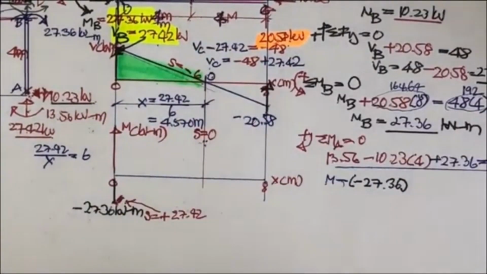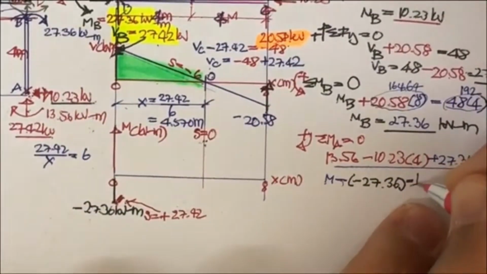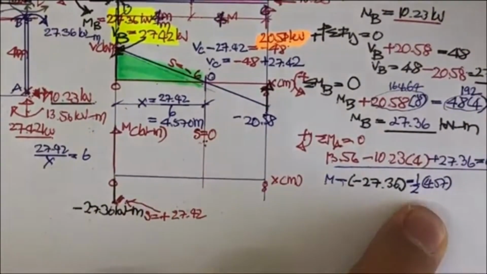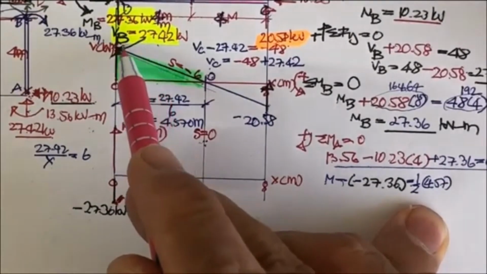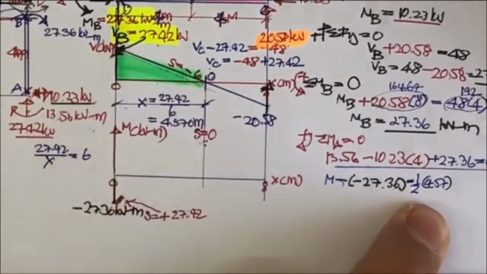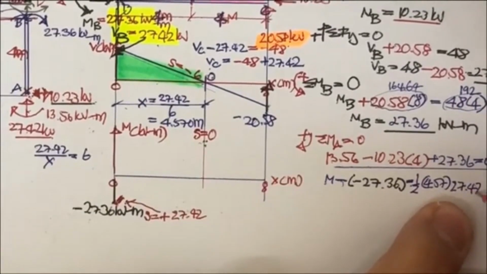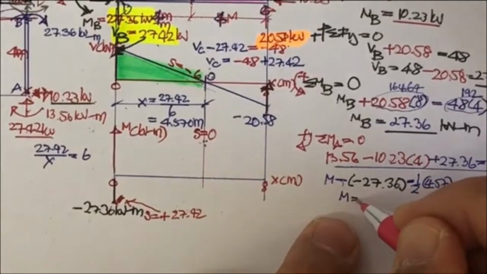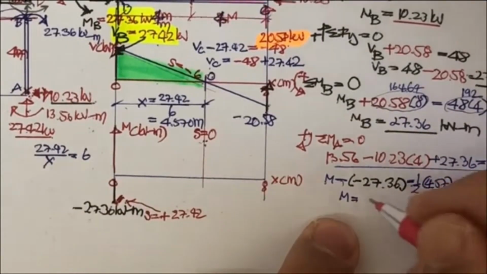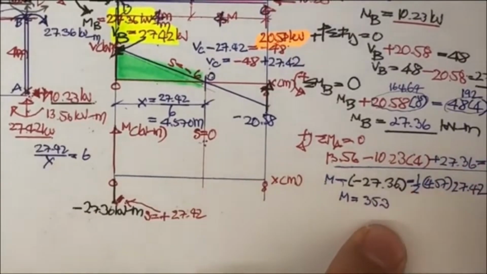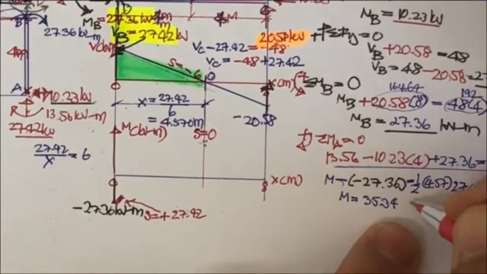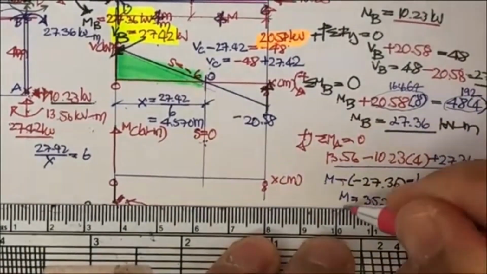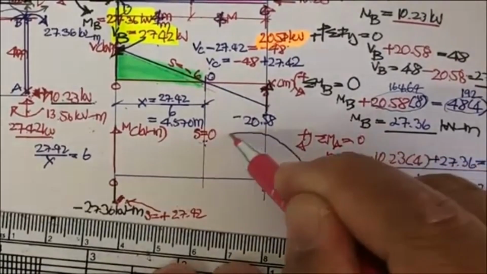You put this one equal to 1/2 of 4.57 times the shear here, 27.42, and you put everything in your calculator. Your M can be about 35.34 kilonewton meter, and that is going to be the value of the moment here.